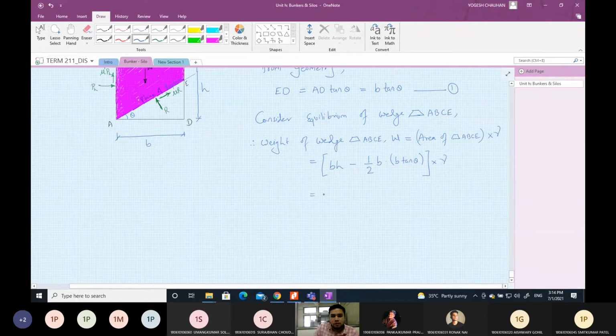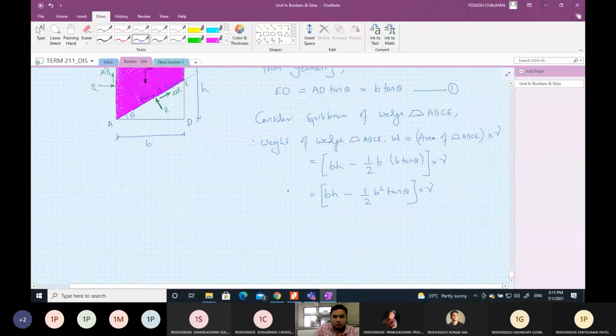So that will be BH minus 1/2 B square tan theta, into gamma.